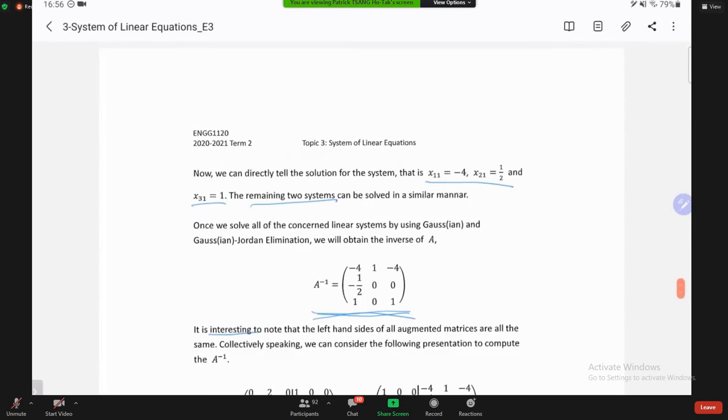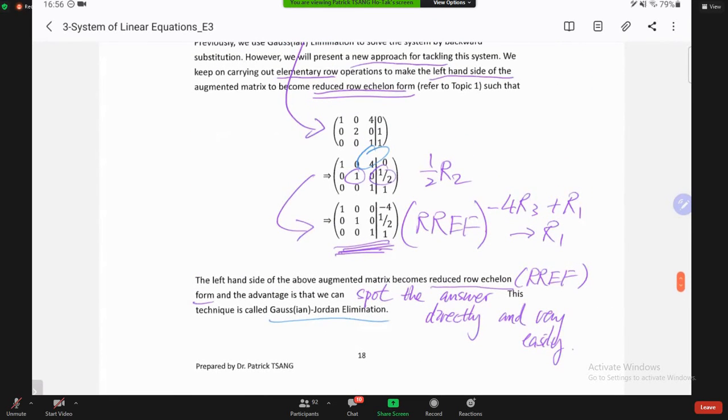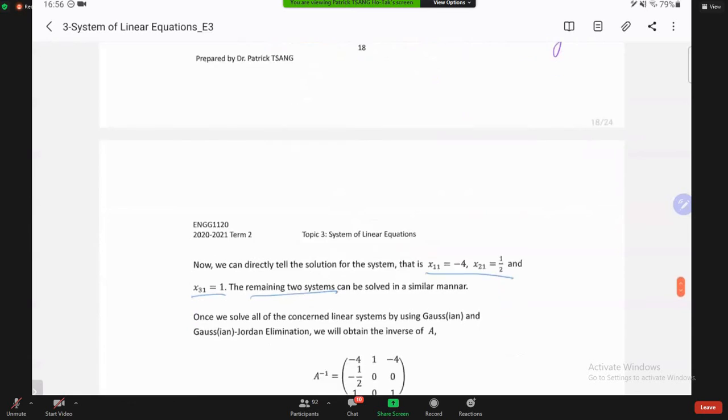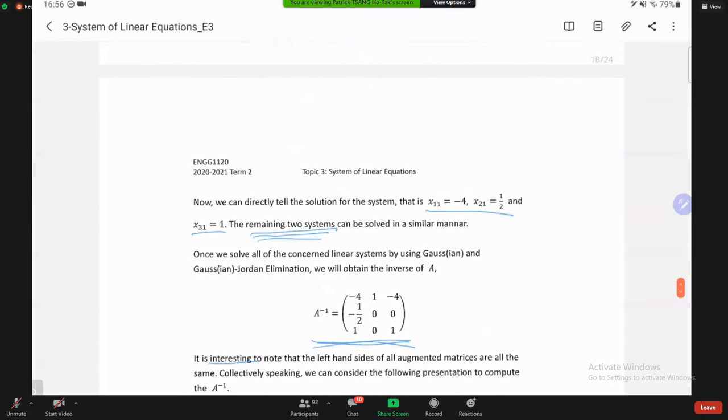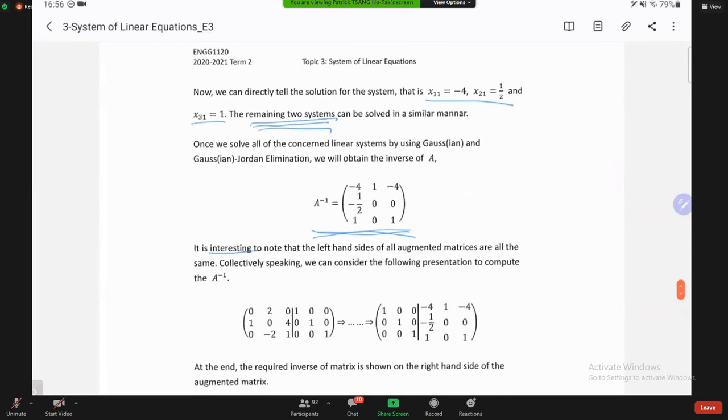From the previous page, the last augmented matrix in RREF, you can see that the left-hand side of the augmented matrix is an identity matrix, right? Not to mention, if you solve the remaining 2 systems, I believe you will also achieve RREF in the final step, and you will get the left-hand side of the augmented matrix of the remaining 2 systems to be the identity matrix, right? So this is a very interesting observation.